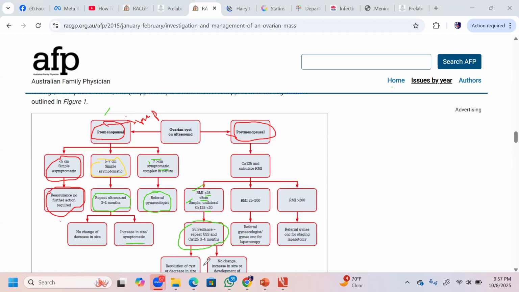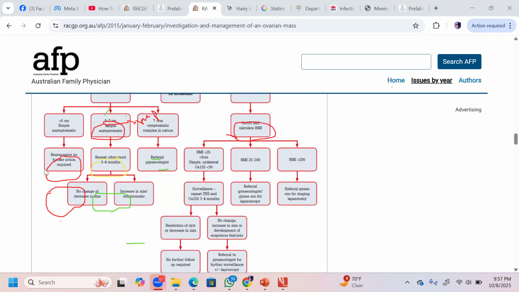If there is resolution of the cyst or decrease in size, no further follow-up is required. And if no change or increase in size or development of suspicious features, you will refer the patient to a gynecologist for surveillance as well as laparoscopy.